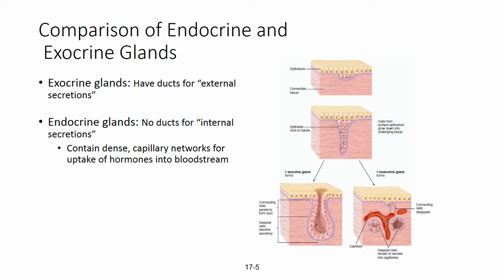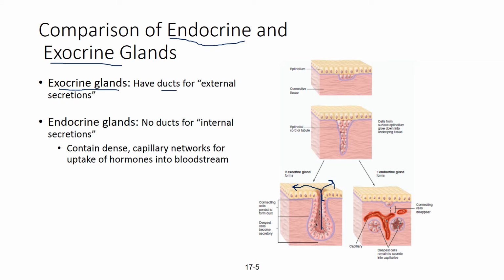So when we're comparing, we've heard way back in chapter, whatever it was, 5, I think, endocrine versus exocrine. If you remember, an exocrine gland has a duct for external secretions. So when we're looking at these exocrine glands and their development, they form a duct that goes to the surface of the tissue.